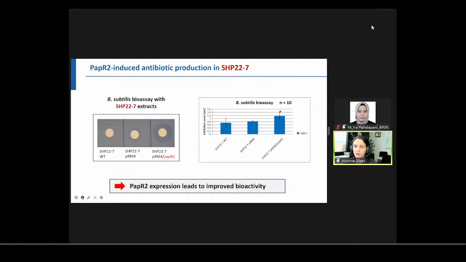As you can see in here, the SHP-227 PAPR2 overexpression strain showed significantly improved bioactivity against Bacillus subtilis in comparison to the control strains with the empty vector or the wild type samples, which means that PAPR2 overexpression led to significantly improved bioactivity of that SHP-227 strain.